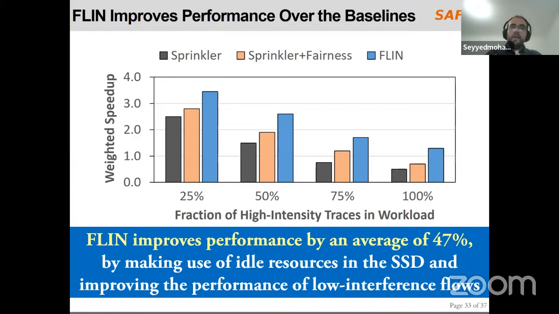Since FLIN scheduling is quite smart and does reordering, you can better utilize your resources in the SSD, and it can improve the performance of low-interference flows. That's the main reason for the performance improvement in FLIN.